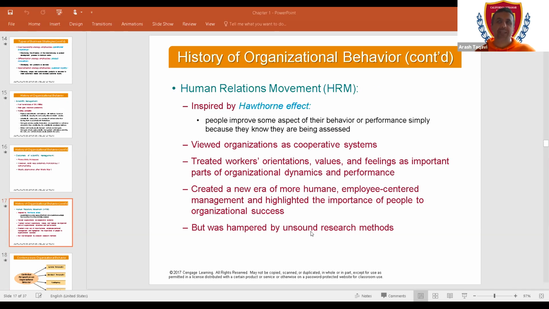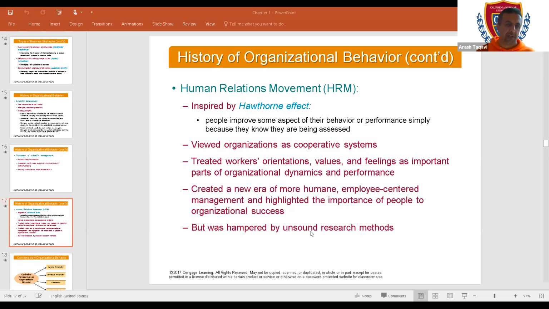I think that you can see the Hawthorne effect even in your familiar relationships. When some of your relatives, for example, your uncle or your aunt, want to come to your home, you can see that members of your family sometimes change their behavior. Why? Because they know that they are being observed and assessed by others, for example, people like your uncle, your aunt.